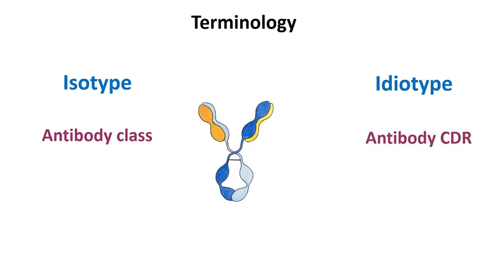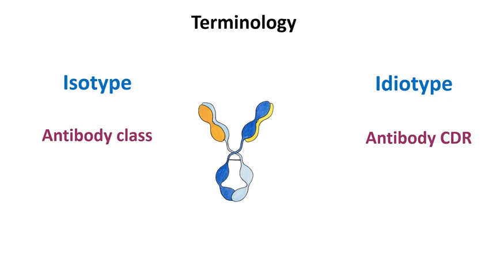Idiotype refers to its CDR, or complementarity determining region, or exactly what antigen the antibody recognizes. When you are fighting off a new infection, first you make IgM antibodies, and then some of your B cells class switch into making IgG antibodies that have the same specificity. Thus, the two versions will have the same idiotype, but different isotypes.